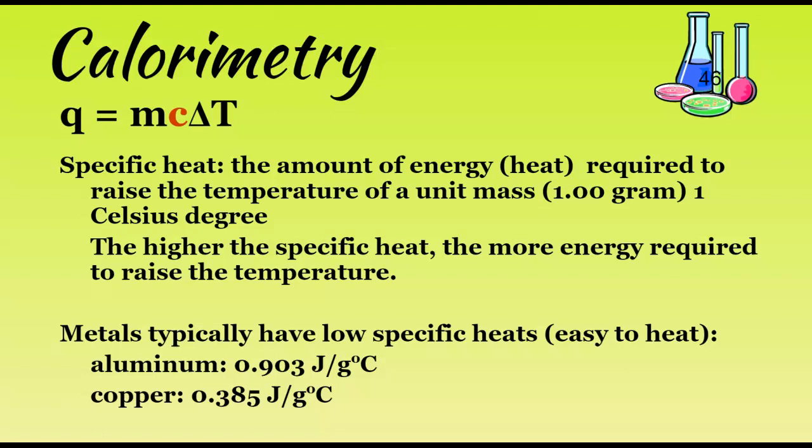One thing to note is that most metals have low specific heats, meaning they're easy to heat. For instance, aluminum right here has 0.903 joules per gram degrees Celsius, whereas copper has 0.38 joules per gram Celsius. Both metals have relatively low specific heats.